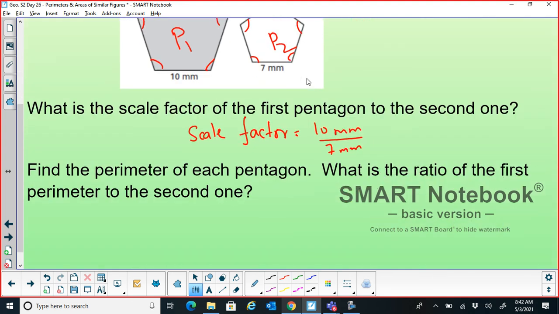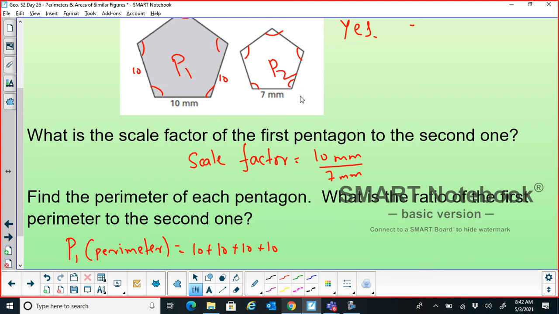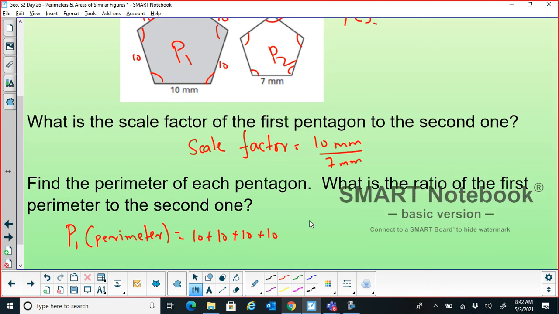Pentagon 1's perimeter P1 has 5 sides and each of them is 10 mm. So I add 10 plus 10 plus 10 plus 10 plus 10, all 5 sides, and I end up getting 50 mm.